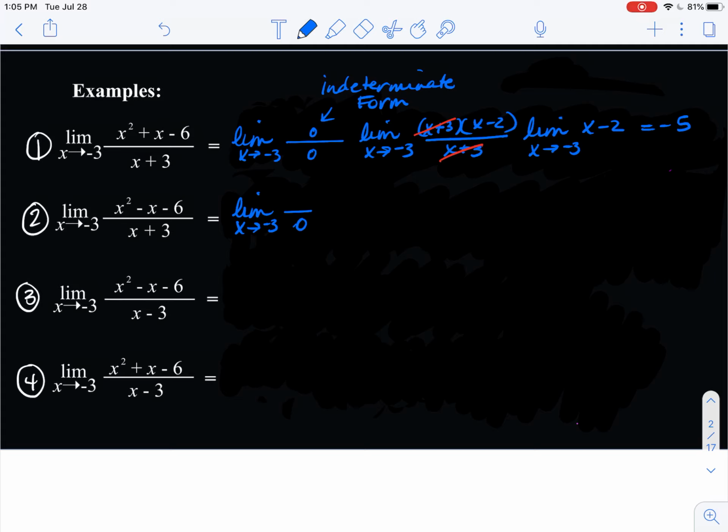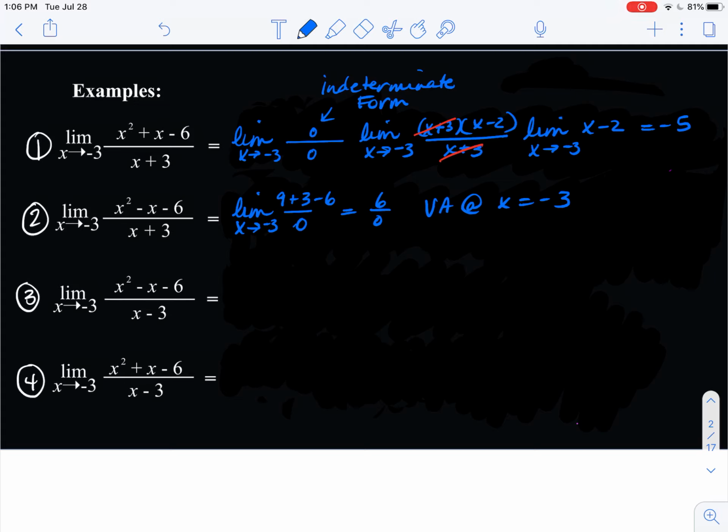Again, if I sub in for the denominator, that's going to give me 0. In the numerator, though, that's going to give me 9 plus 3 minus 6, and so that's 6 over 0. That's an undefined value. If you think about it, we've got a rational function, and the zeros of the denominator create vertical asymptotes.